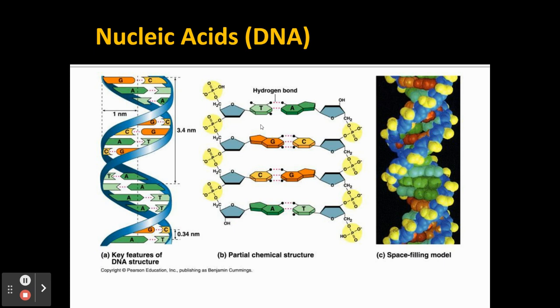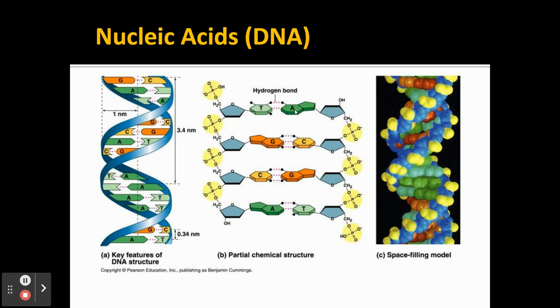We say that these strands are anti-parallel and complementary to each other. What does that word complementary mean? Complementary means that one base will always pair with another base.